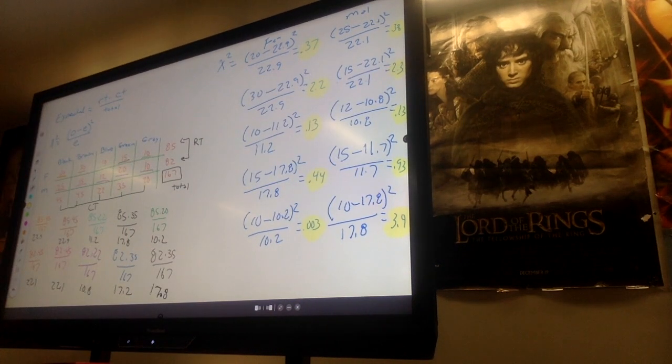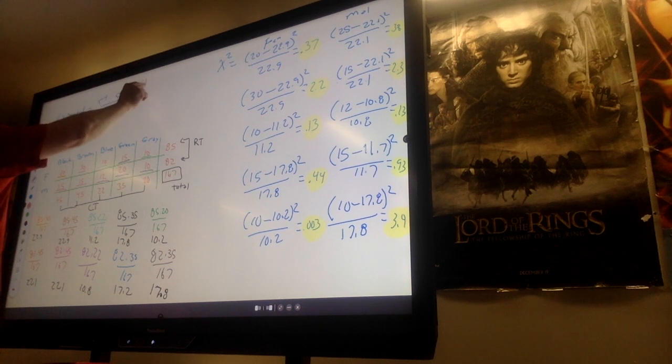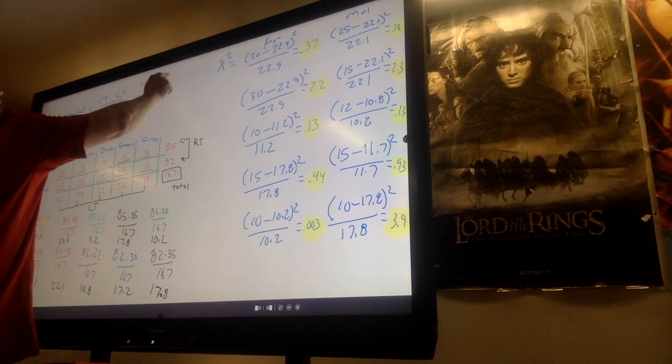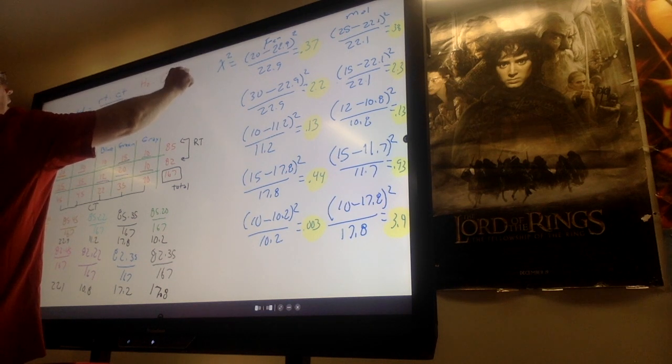All right. So the highlighted yellows basically are chi-squared. What you need to do is establish a null and alternative. Our null hypothesis is that gender and eye color are independent.